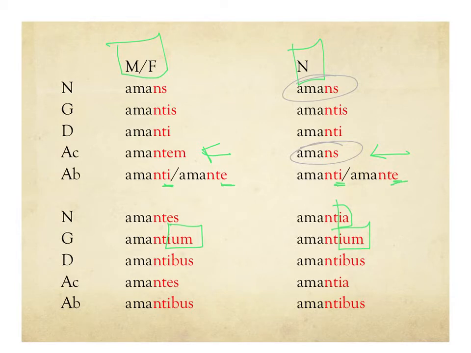And then these, of course, are the same, and then amantes, amantia as well in the accusative. So pretty straightforward, not too crazy. I don't think this is really information you don't already know. And all of these forms, of course, would be translated loving.